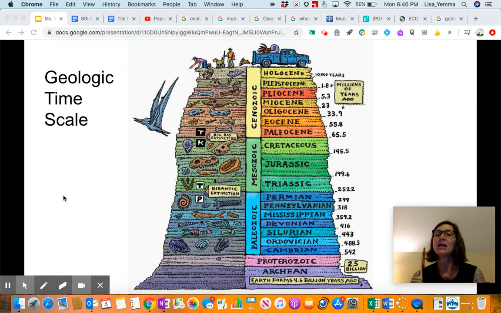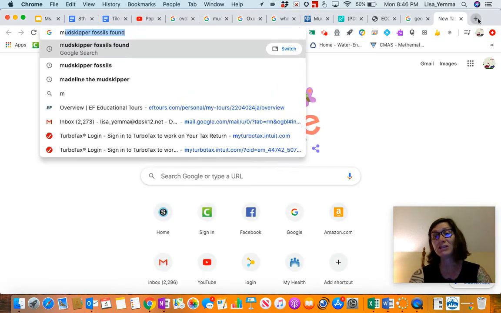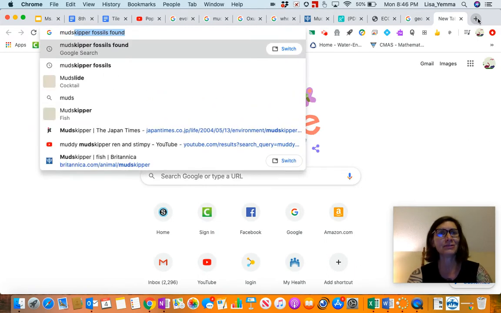So the next thing I want to know is, what do we know about mudskipper evolution? And in order to know about mudskipper evolution, I can't really search mudskipper evolution, because watch what happens. And you can see I've been searching.